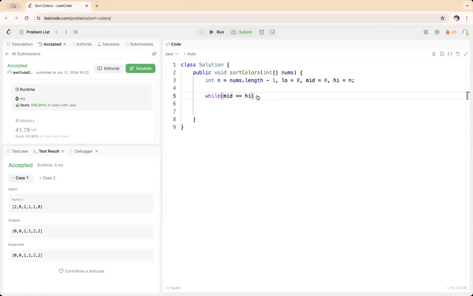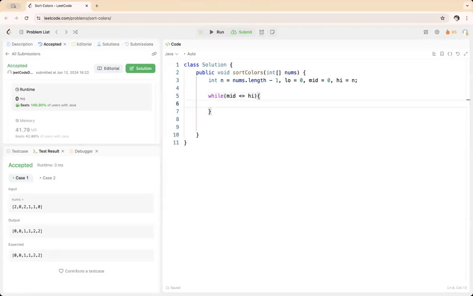After this, we will check if nums of mid is less than or equal to 1. My approach is like this, and in the else part we will do a swap of nums mid and high, and then we'll decrement high.